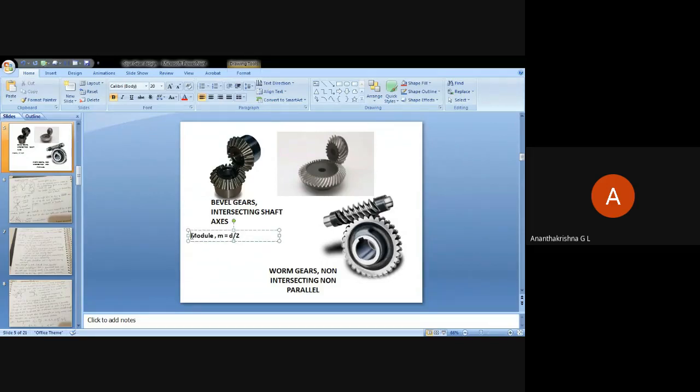So when you have module equal to d by z, z is the number of teeth, d is the pitch circle diameter, and this is module m. Can anyone tell me what you understand by pitch circle diameter per tooth? What will be the unit of module?